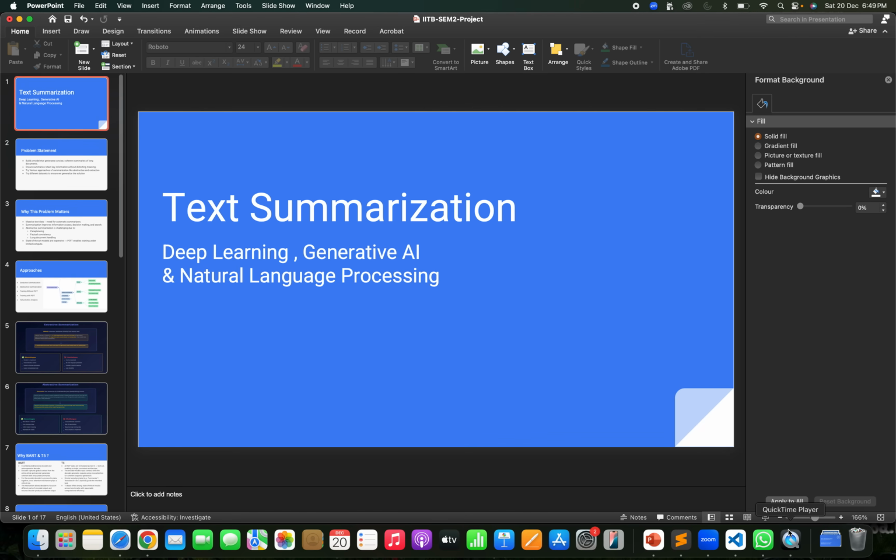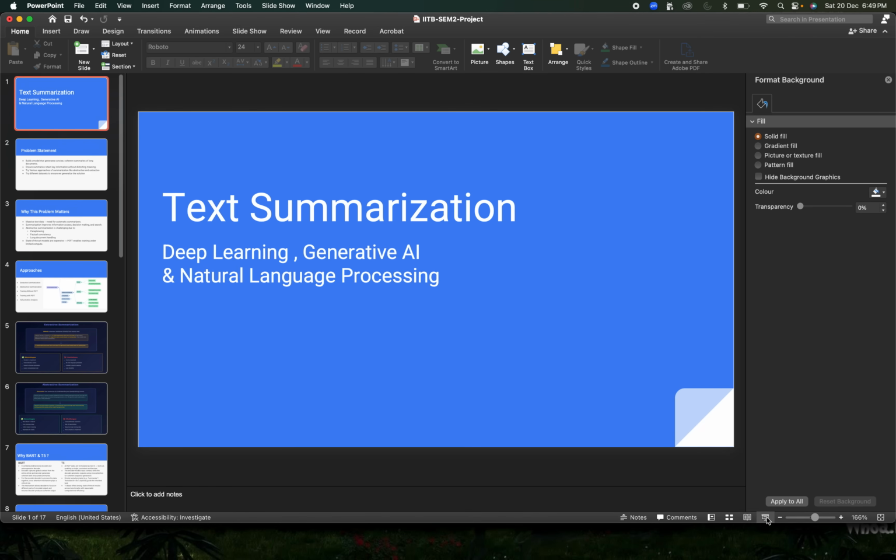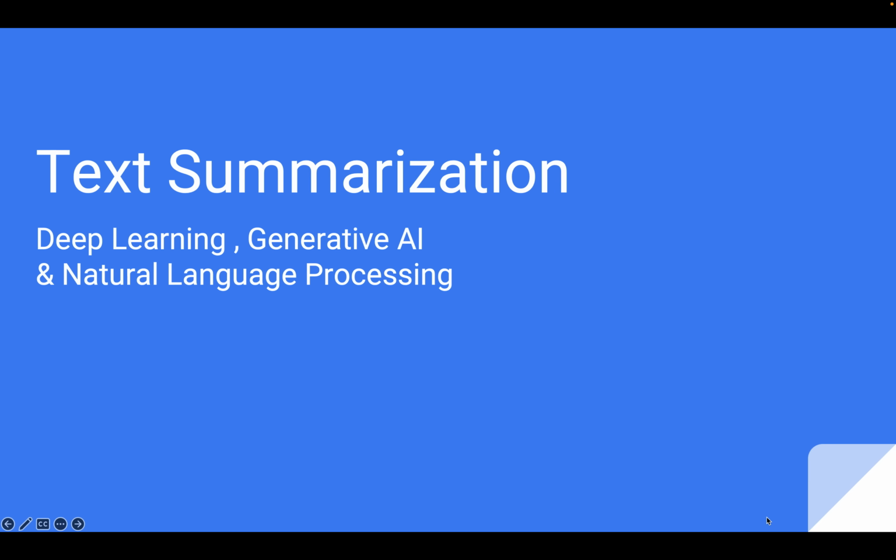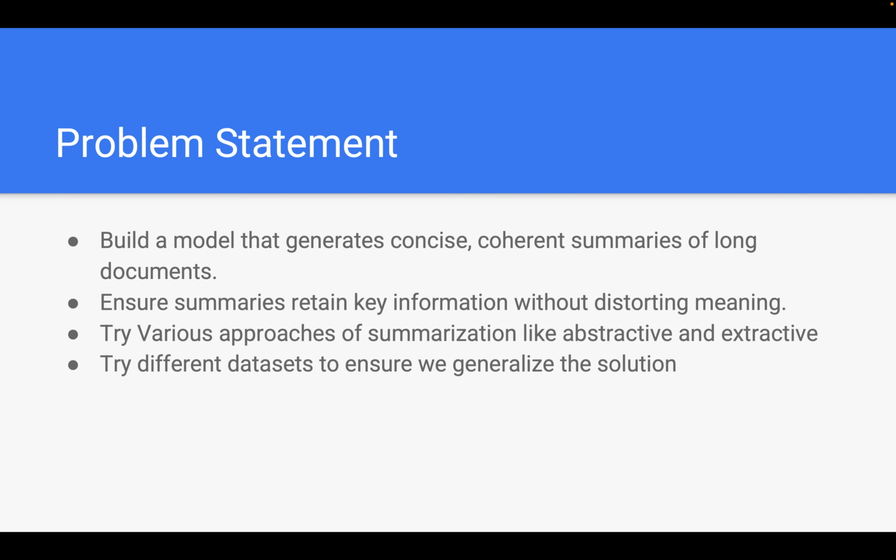I will just start with my whole approach or ideology of how we will solve the problem, and then we'll see the implementation. So the problem statement here is we want to build a model that generates concise, coherent summaries of long documents. This is to ensure the summaries retain key information without distorting the meaning. Try various approaches of summarization like abstractive and extractive.